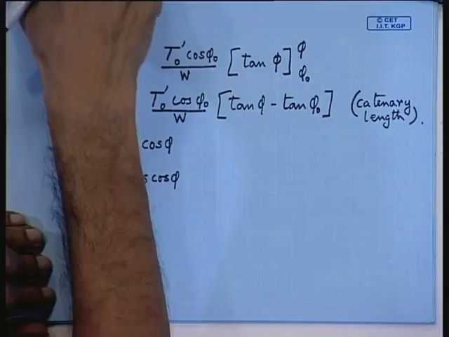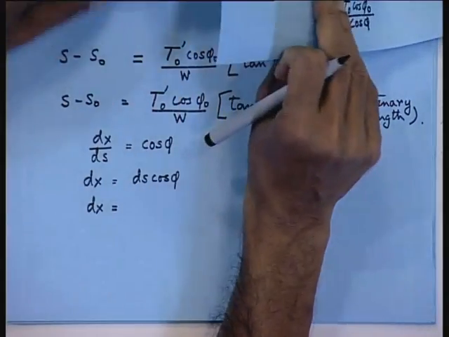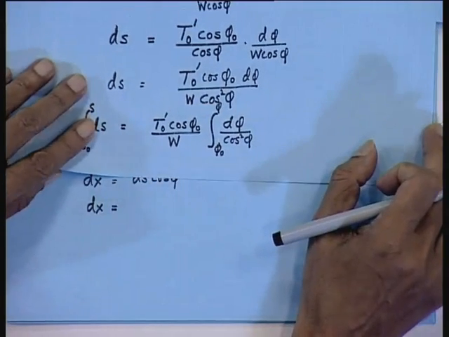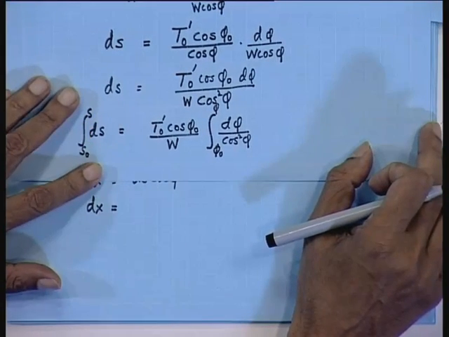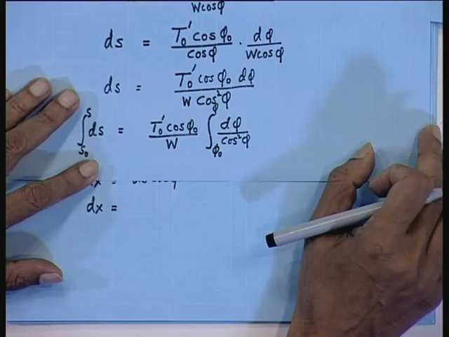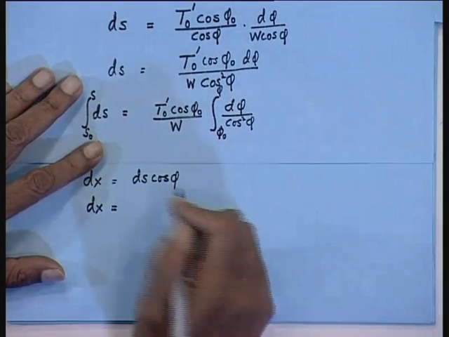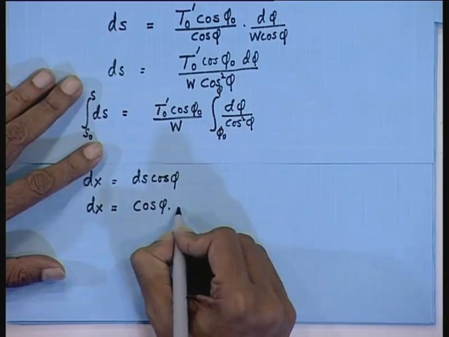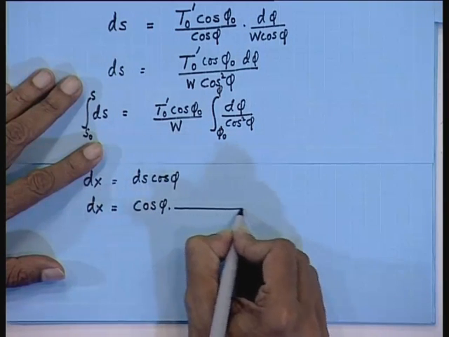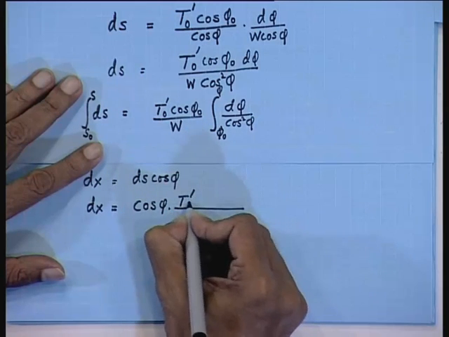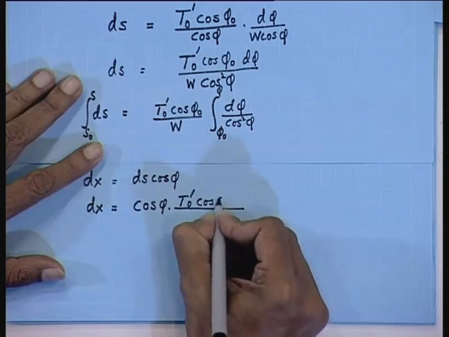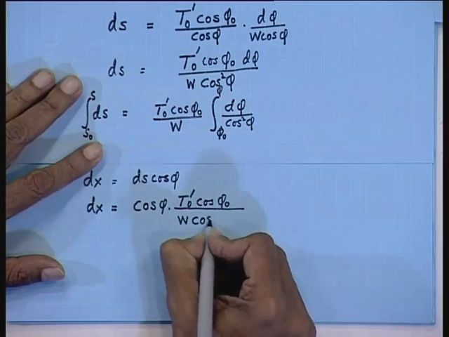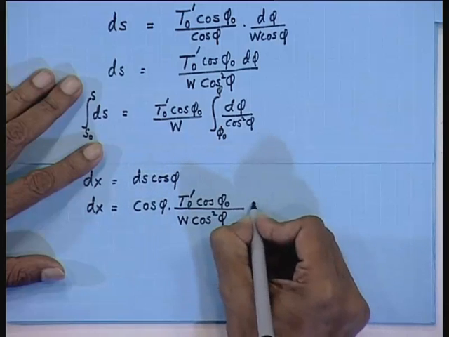What was the expression for ds that we had got? So ds was this expression. You bring cos phi forward, multiplied by ds. So ds is T prime naught cos phi naught over w cos square phi, which you again multiply by d phi.